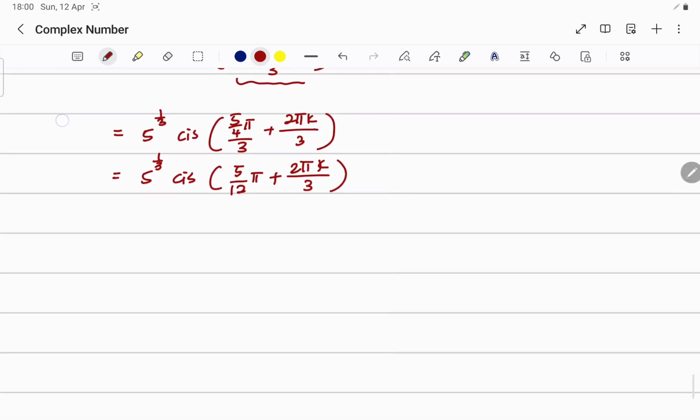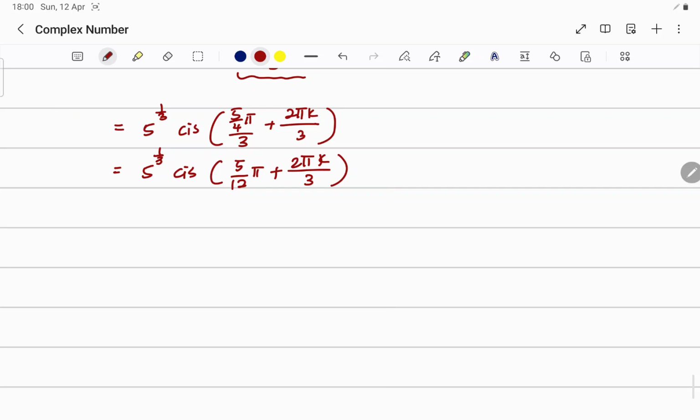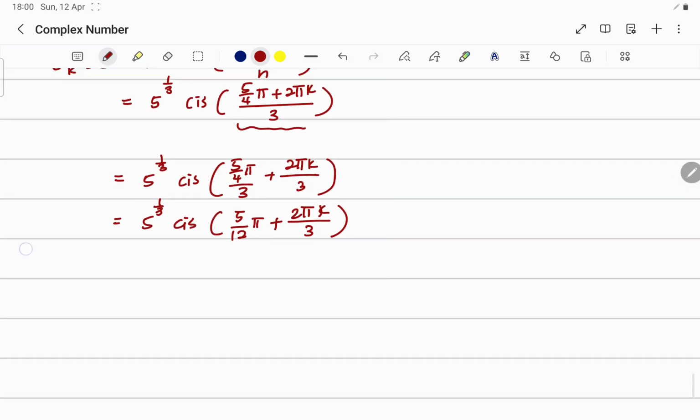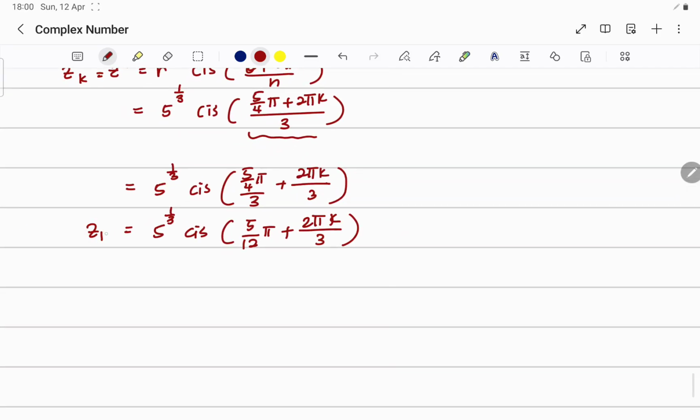And then here what you can do is separate this, because apparently we want to find, by right, this is our zk, so we want to find z0 based on the k that we have, which is 0, 1 and 2. So by right, you will find z0, z1 and z2, because we have to find the cube root.